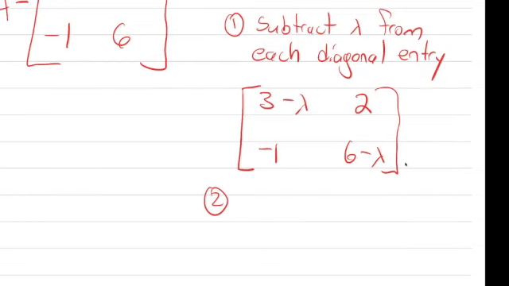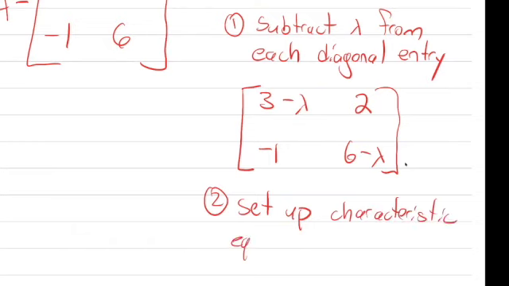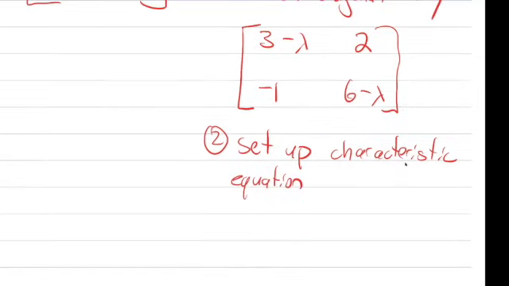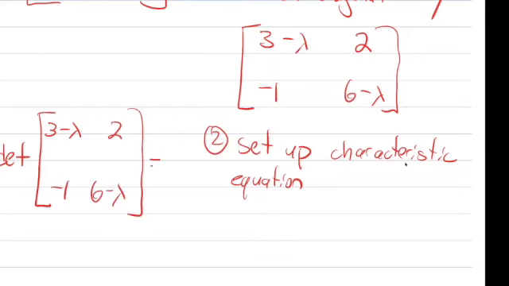So let me say step 2 would be to set up the characteristic equation. And the way we do that is we take the determinant of this matrix and we set it equal to 0, not the 0 vector, right?